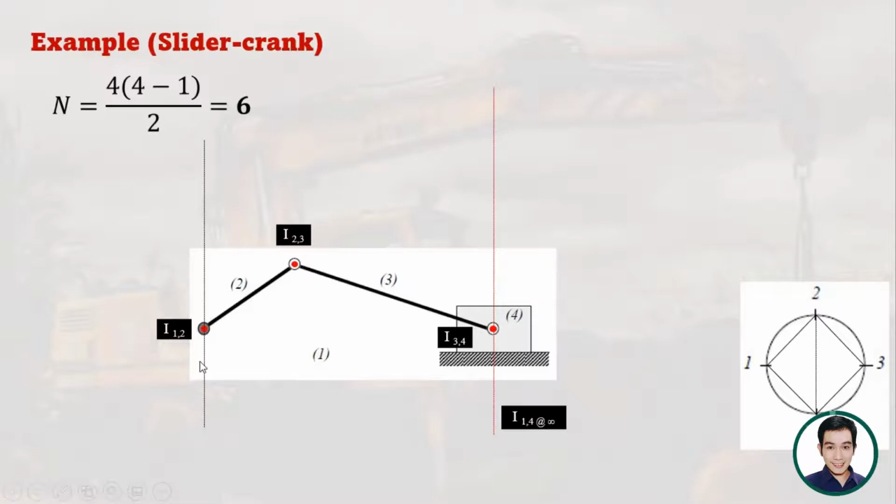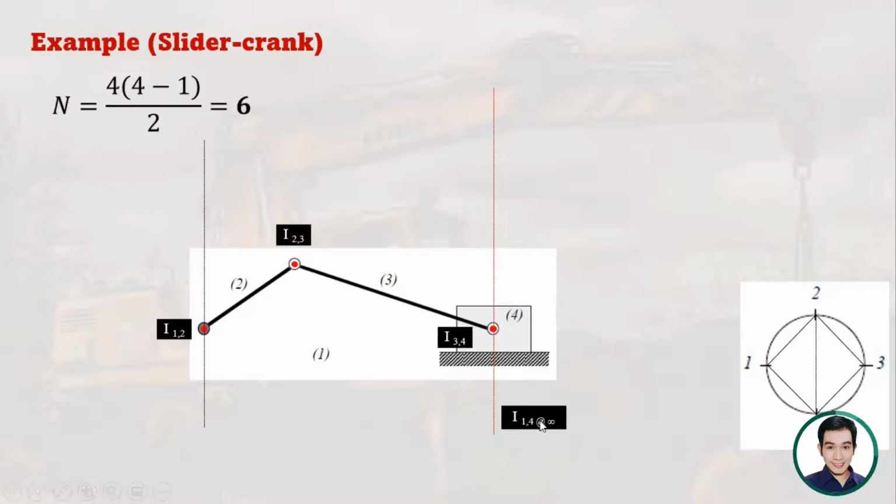So that's why the line looks like this. We just have a line parallel to the instantaneous center 1, 4 at the IC 1, 2. So that is how you draw now the 1, 2, 1, 4. This line now represents the 1, 2, 1, 4 already, because it should be parallel to the infinite 1, 4.